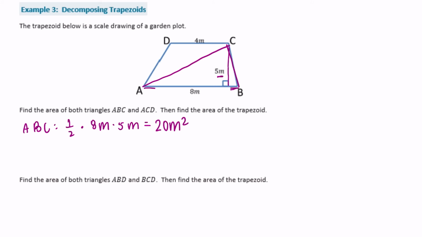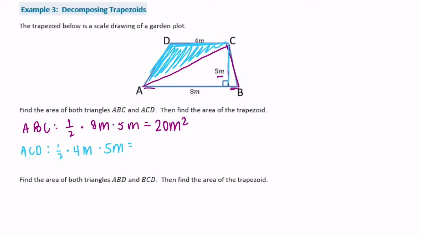And then ACD would be this triangle right here. So the base here is 4 meters. One-half times 4 meters times the height, or the altitude here, is 5 meters.